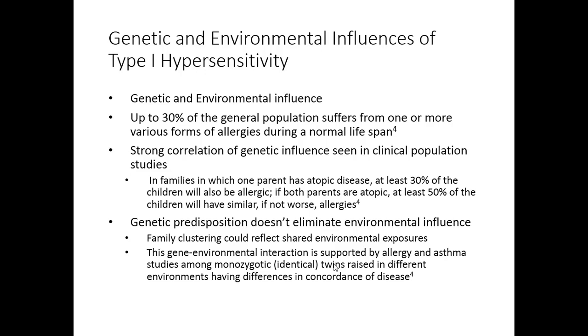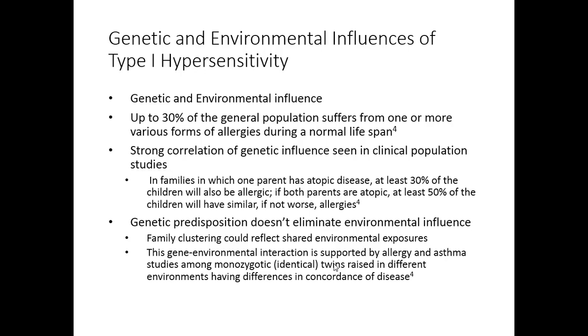So as I said, 25 to 30% of the population has some kind of allergy. And there's a really strong correlation of genetic influence, and we can see it when we look at family structures. Families where one parent has an atopic or allergenic disease, at least a third of kids will also be allergenic.